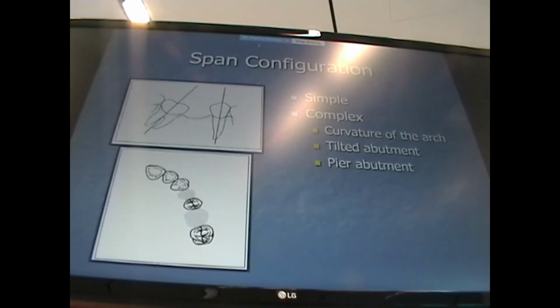That means there's an abutment in the middle of your span. Again, this could be a 5-unit fixed bridge. It also could be 2 implants. So if it's a fixed bridge, that abutment in the middle prevents flexure at the midpoint of your span.